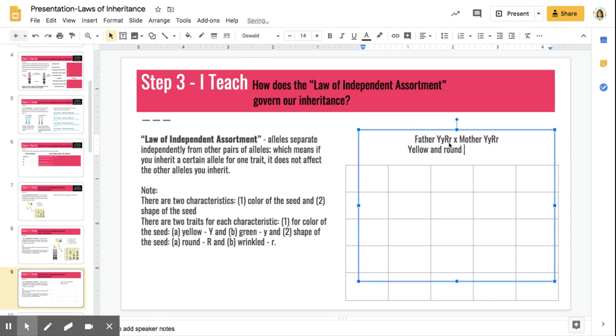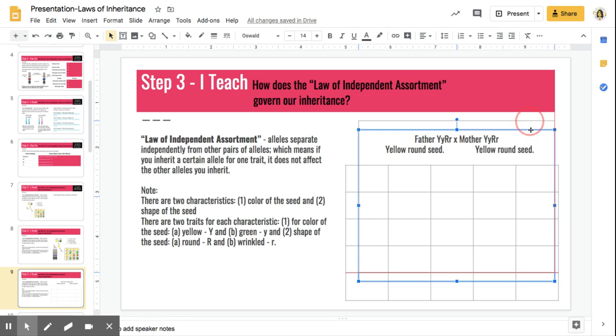So we have a yellow round seed for the father. And because the mother has the same genotype, it should also have the same phenotype, also a yellow round seed.